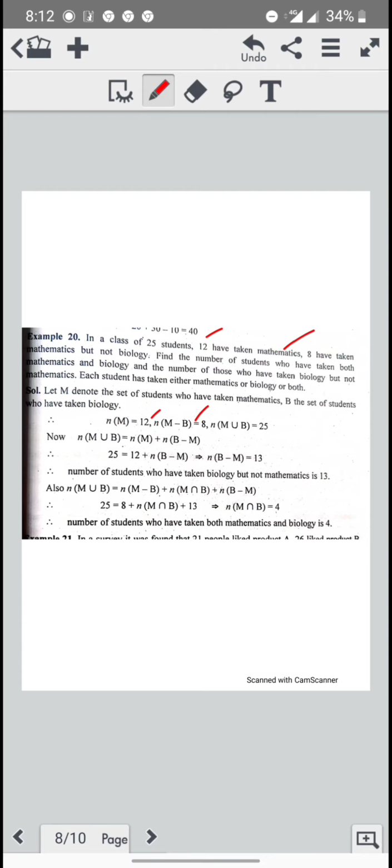Now n(m union b) is equal to n(m) plus n(b minus m) according to the formula. Put the value of m union b and n(m) in the formula. We get n(b minus m) is equal to 13.